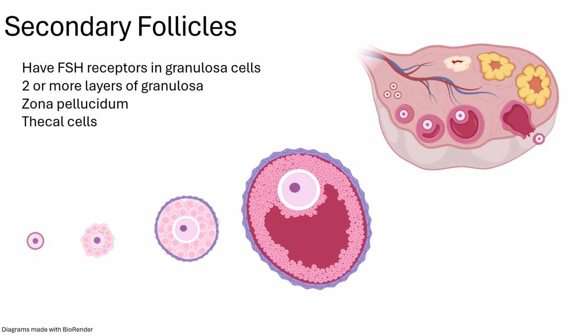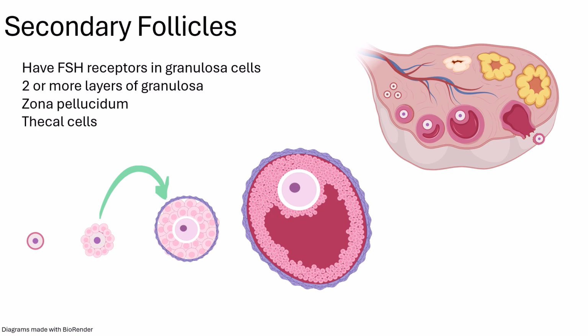A secondary follicle develops from a primary follicle during the follicular phase of the ovarian cycle, and these follicles are found again in the cortex of the ovary. At this stage, the follicle still contains a primary oocyte arrested in meiosis.